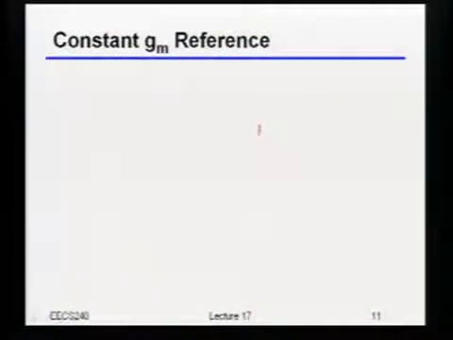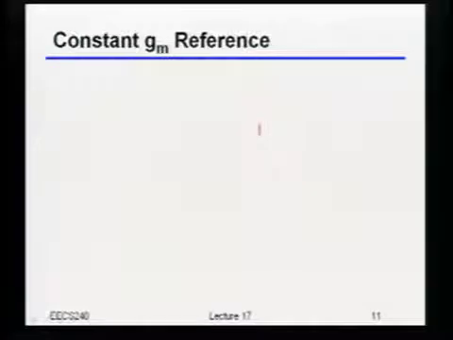The last constant x reference I wanted to quickly talk about is the so-called constant GM reference. We talked about how you could do a band gap that would give you a constant voltage, and other references that give you something proportional to temperature, either voltage or current, or current sources that were independent of the supply.